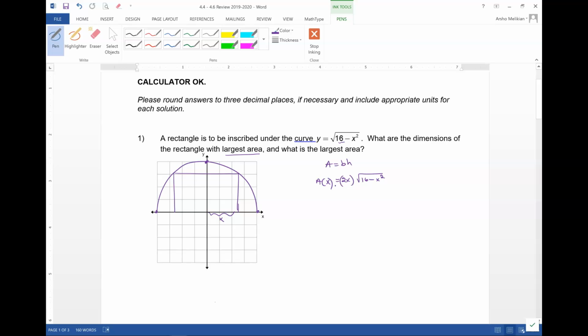Now I need to find the derivative, A prime. To do that, it's the first times the derivative of the second. So 2x times the derivative of the root: 1/2 will come down, and it's 16 minus x squared to the negative 1/2, plus 2 times the root. Wait, why is the height root 16 minus x squared?